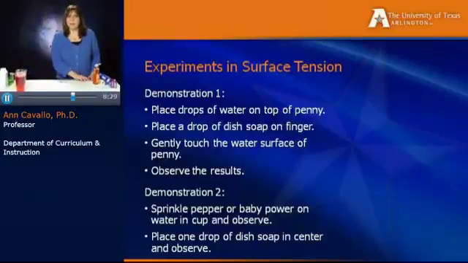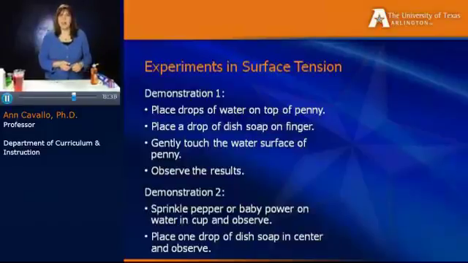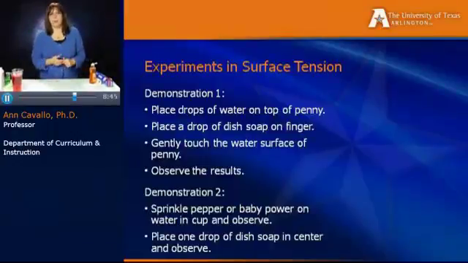What happened? And why did that happen? Yes, what children find is that the soap broke the surface tension. The molecules of soap got in between the molecules of water and separated them such that the water couldn't stick together anymore. So it broke the surface tension.